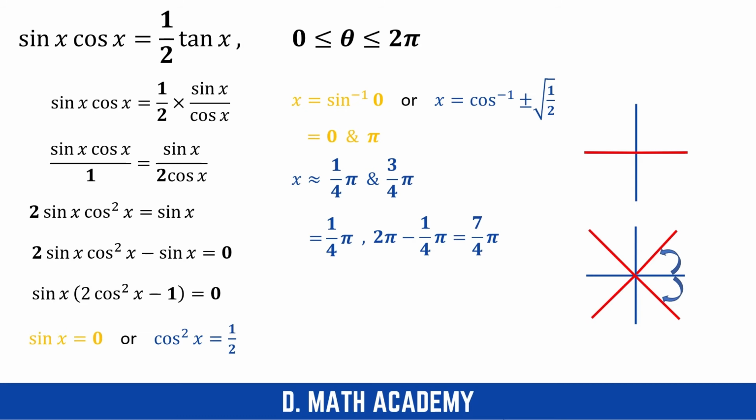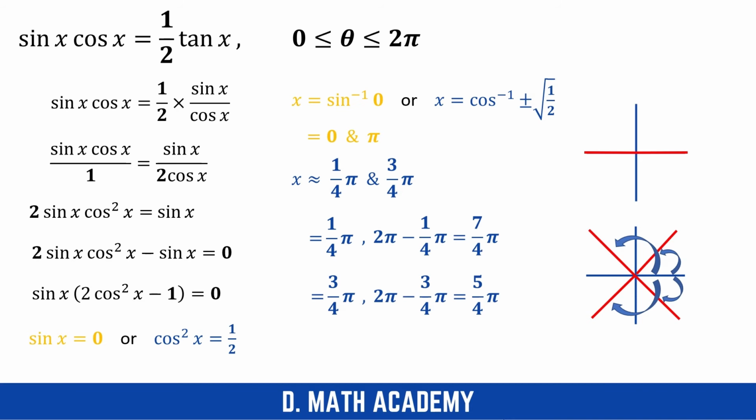Moving on, we have the next answer, which is for cosine inverse negative square root of 1 over 2. For this, I know that it is 3 over 4 pi, and to identify the result in the third quadrant, I will be taking 2 pi minus 3 over 4 pi. So that's how you identify the final value.